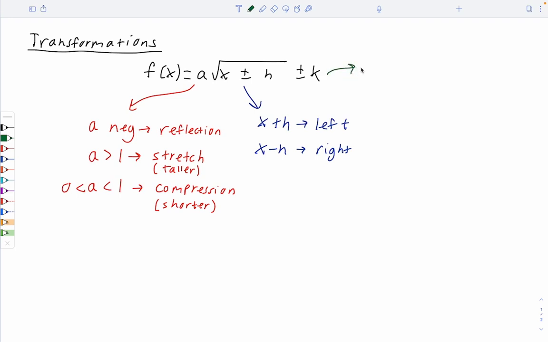And then finally, this k value: if it's a plus k, like a plus 2 at the end, it'll go up that many places. If it's a minus k, like a minus 3, it'll go down 3. So these are the set of rules that we've seen in the past regarding transformations of any function, right? And so it also applies to square roots.